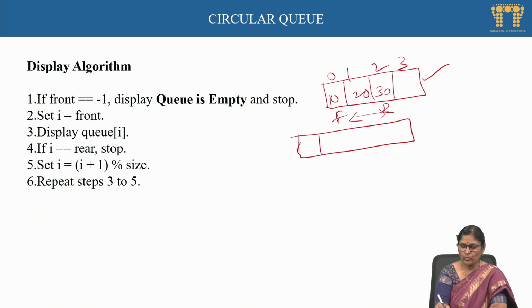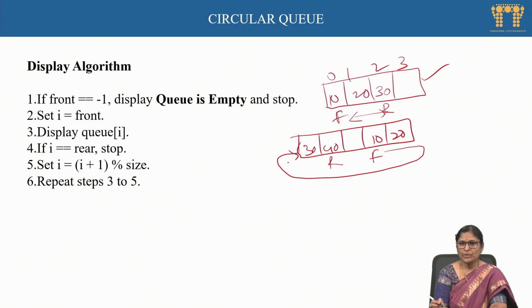The another scenario is: suppose rear will be here and front will be here, so 10, 20, 30 and 40. In this case, you have to print like this: 10, 20, 30 and 40. In this case also from front to rear, because it is circular, you are going from max -1 back to the 0th index and again you have to print the element. That is the reason you are saying again i equal to (i plus 1) mod size.